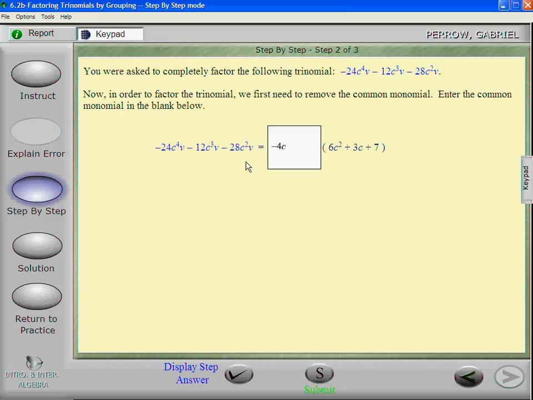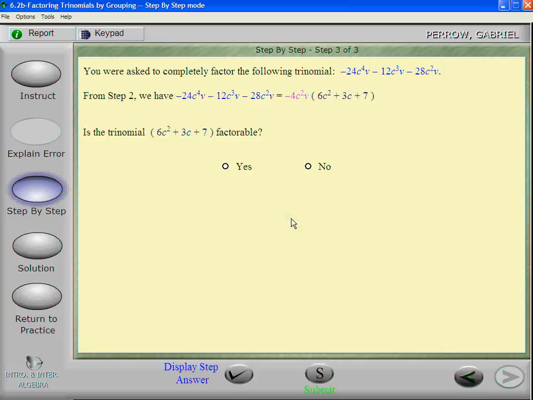You've got c times c is common with everything. And then also have a v in common. So if you divided this stuff away from each one of these guys, the stuff in the parentheses is what you'd have left. And then this is like the last question.